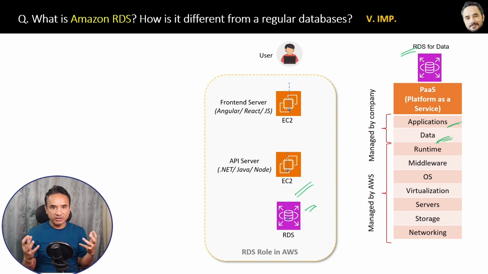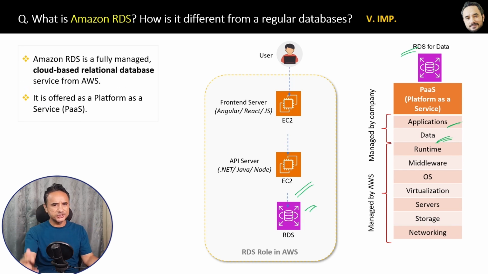Now, as a developer, if you have used MySQL, Oracle, SQL Server, etc. on your local system or in the on-premise servers, then Amazon RDS is the same and the best RDBMS database in AWS for you. You can use it along with Oracle or MySQL or any database, okay? So if you want a database for your application, select the RDS service in AWS.